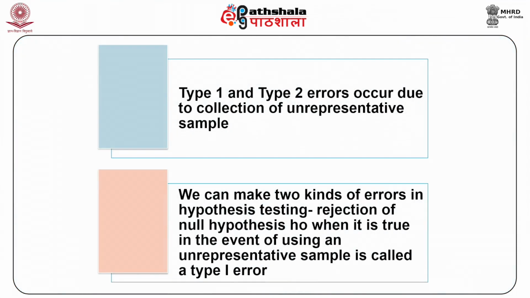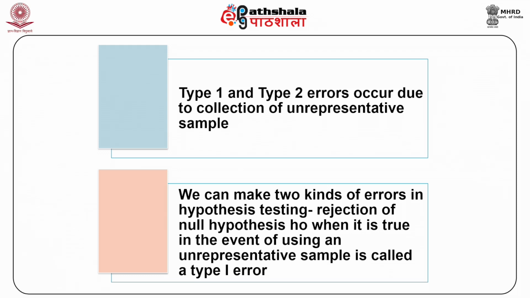Level of significance. Level of significance is called alpha. Thus, the level of significance alpha determines the probability of type 1 error. Type 1 and type 2 errors occur due to the collection of an unrepresentative sample.